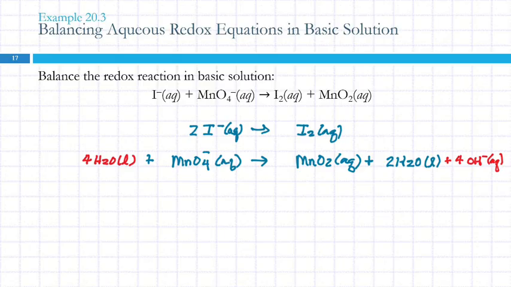Charges. Up here I've got -2 on the left and 0 on the right. So down here, this is -1, and those are 0 and 0, and this is -4. This one's also 0. So I need to add 3 electrons.